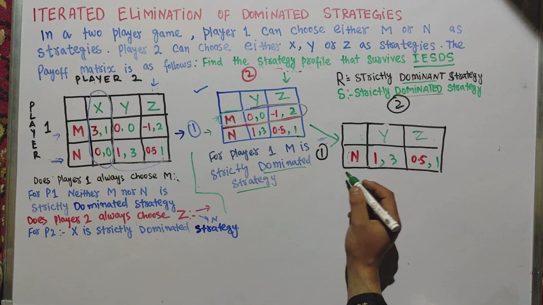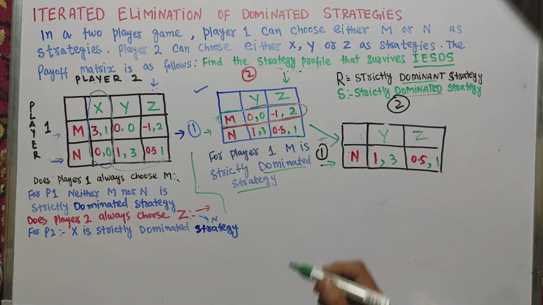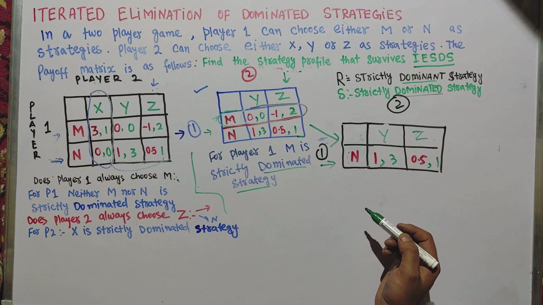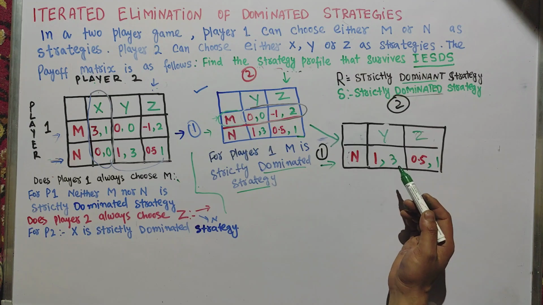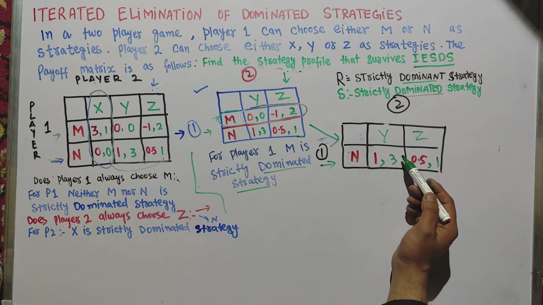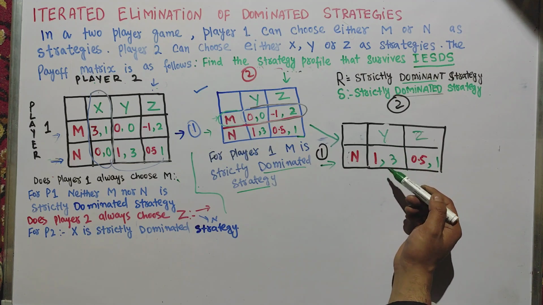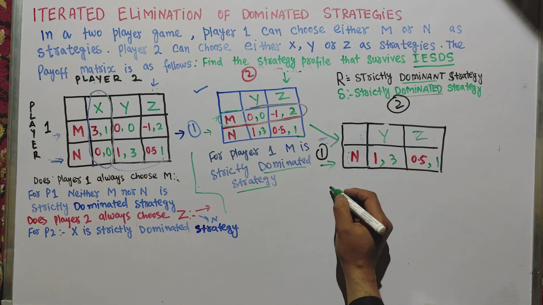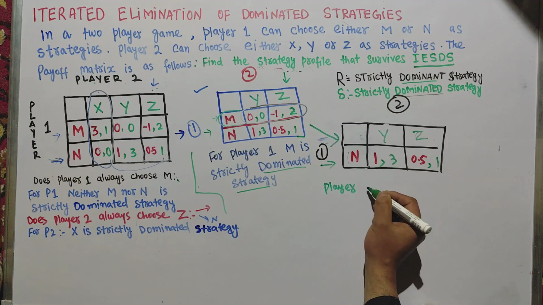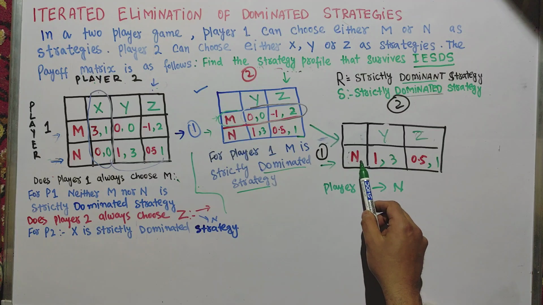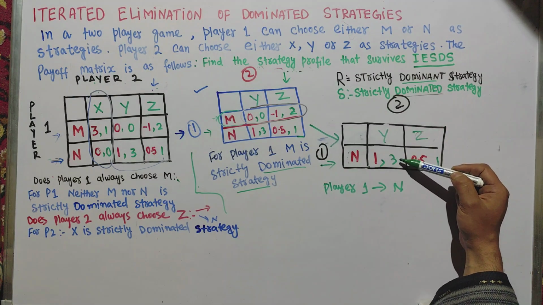Now here player 1 has only one strategy, to play N. What about player 2? Player 1 plays N, so player 2 will compare the payoff between 3 and 1.